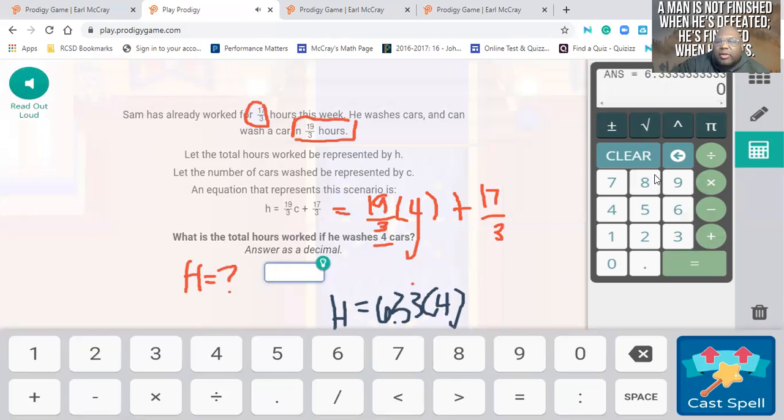Let's do this again. So 19 over 3 times 4 plus 17 over 3 equals 31.